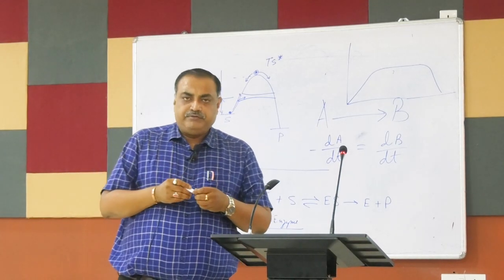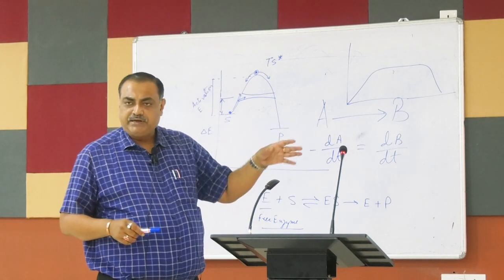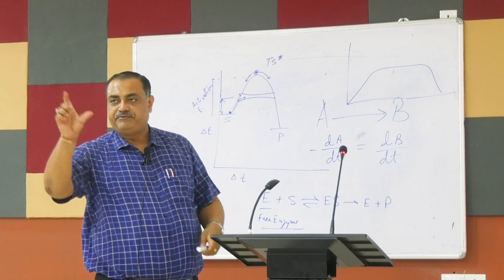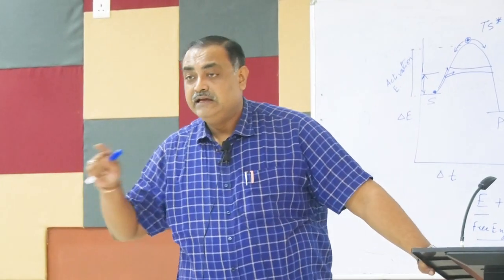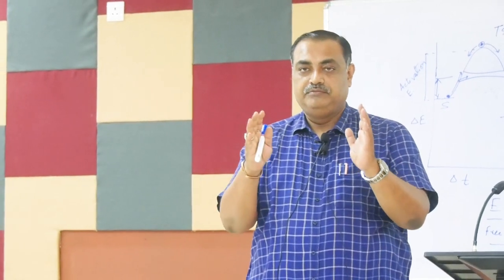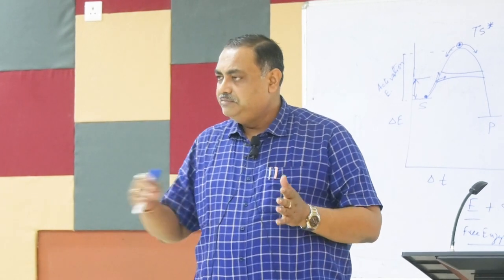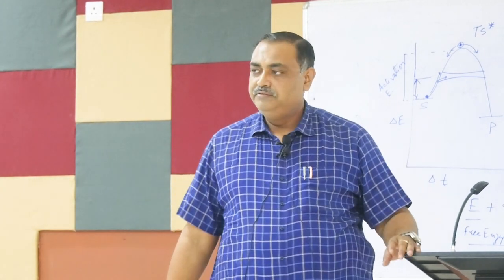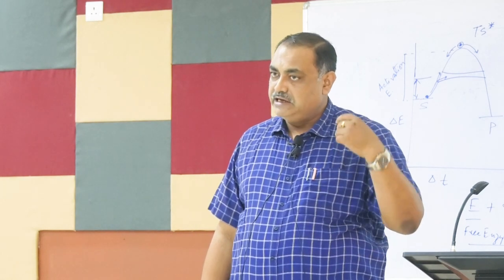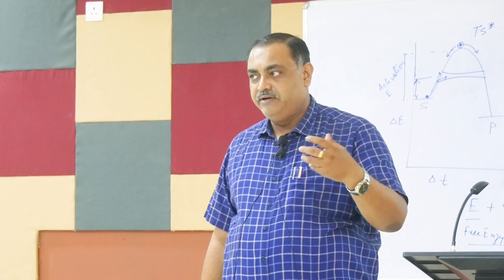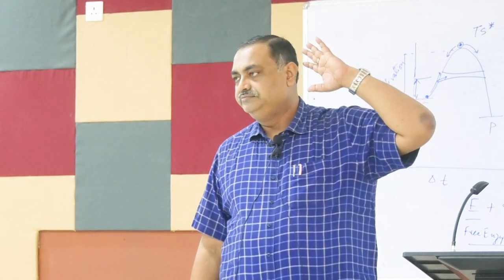Fine. So when we are describing this graph, when substrate is not a limiting factor, add this prefix. Am I clear? When the amount of substrate is not a limiting factor, the graph will be like this. The rate of reaction will have a direct relationship with the increase in enzyme concentration.